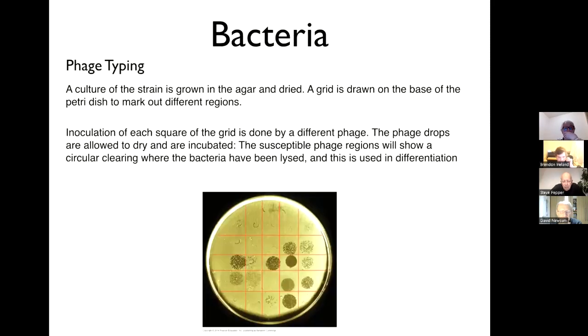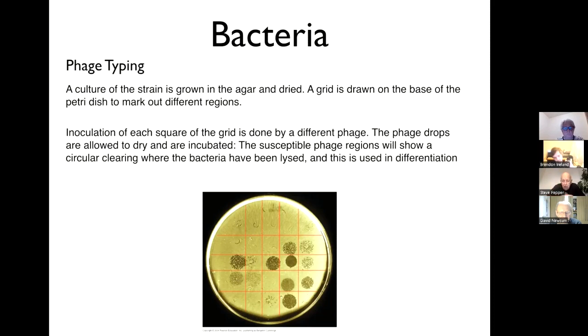And you can test for phage typing by using the bacteria culture that you want to grow on agar and dried. A grid is drawn on the base of the Petri dish to mark out different regions. And the different regions are then inoculated. So each grid has a different phage.